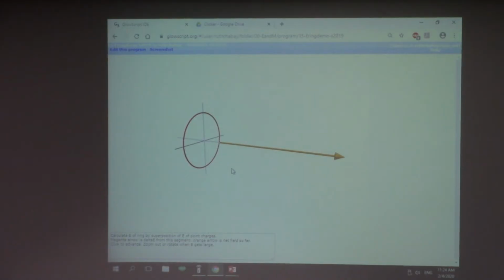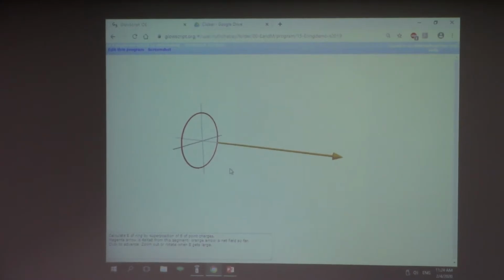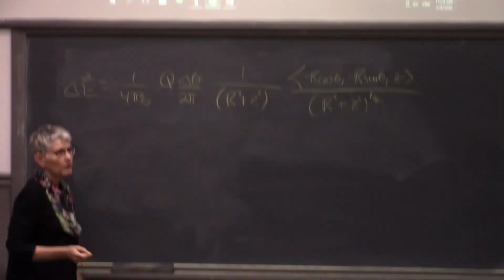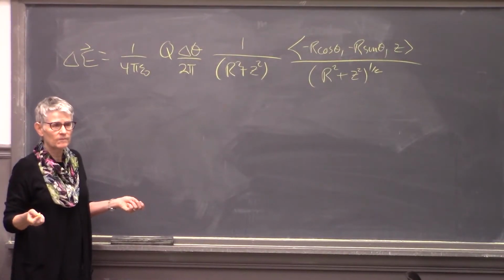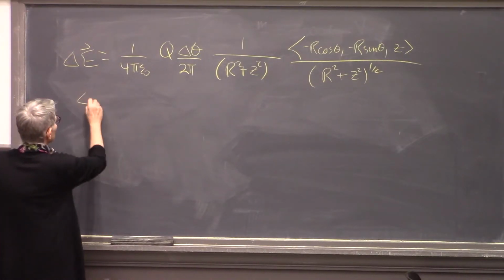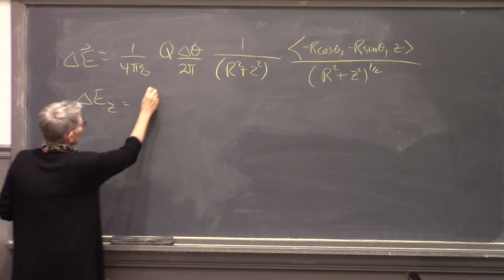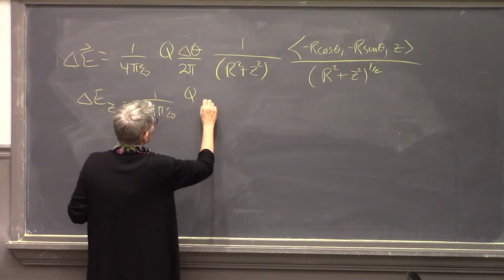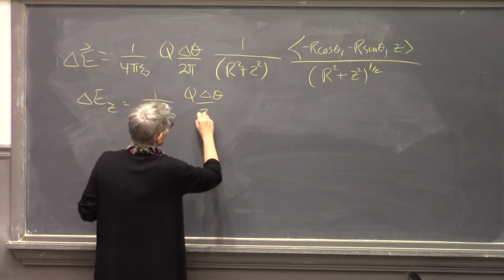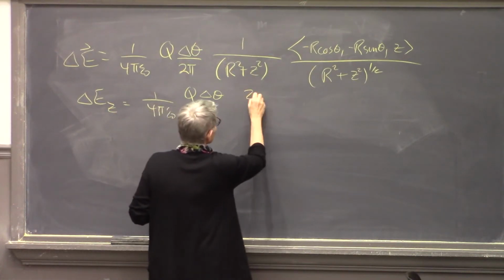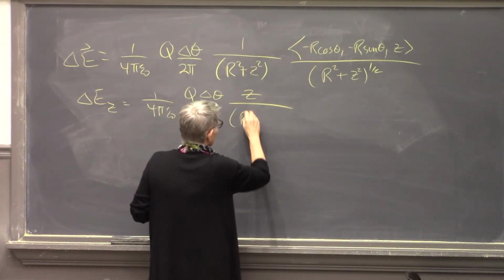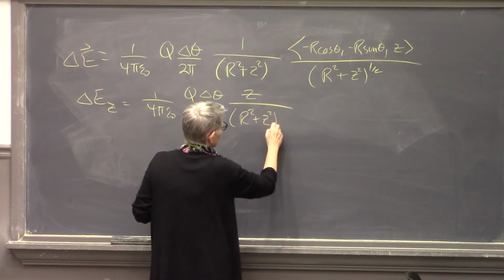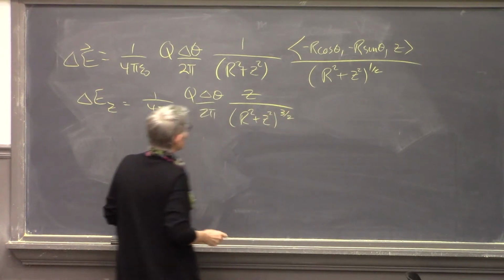So all we really have to worry about is the z component, right? So we have delta E sub z is 1 over 4 pi epsilon 0 q delta theta over 2 pi times z over r squared plus z squared to the 3/2.